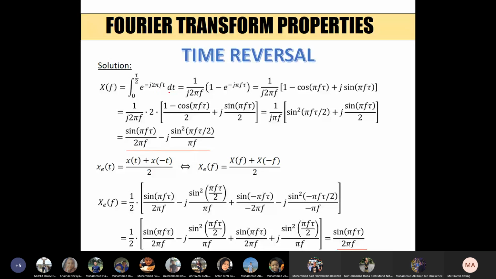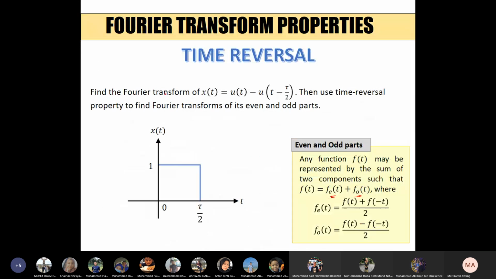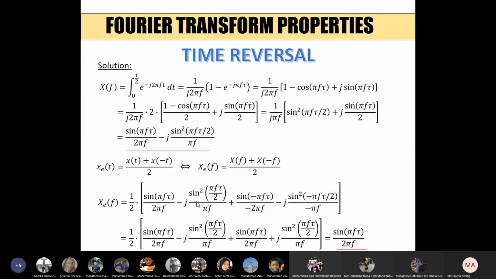So it's the integration of this part, from 0 to tau over 2, of 1 times e to the minus j 2 pi f t dt. When you do the integration, you get this.